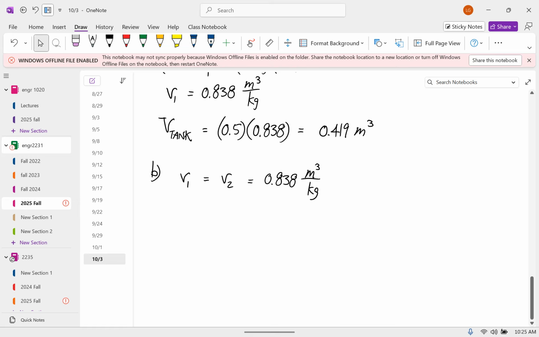And so now the ideal gas law says the pressure at state two, which this time is 2.02 times 10 to the fifth, times the specific volume at state two, which is the same as state one, is equal to the R value for air. That doesn't change based on anything having to do with the state, so you can use that 289 anytime you see air in any problem.